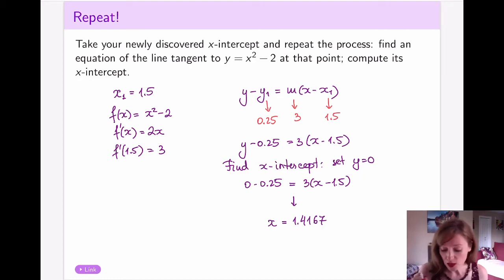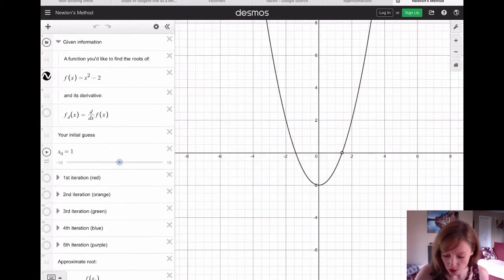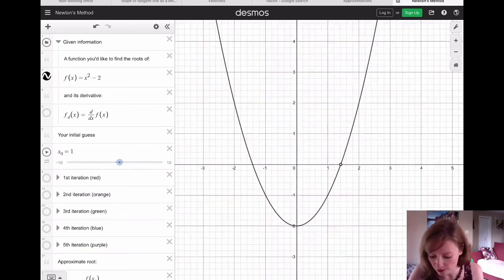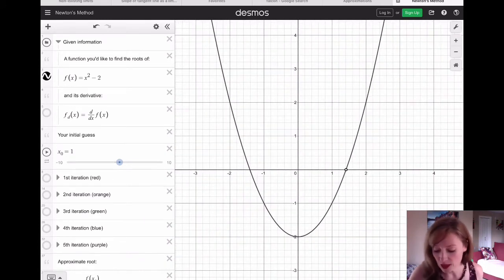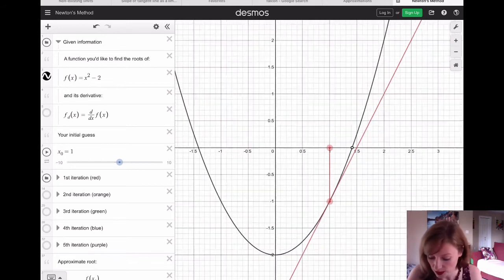Okay, now let's take a look at what actually happens on the graph in this case. So here is where I have my function x squared minus 2, and the little circle indicates the point I'm actually trying to approximate, which is the square root of 2, the x-intercept of this graph. So the method says, the way that we started is I'm going to start at 1, and I'm going to construct a tangent line at 1. Here is the tangent line at 1.